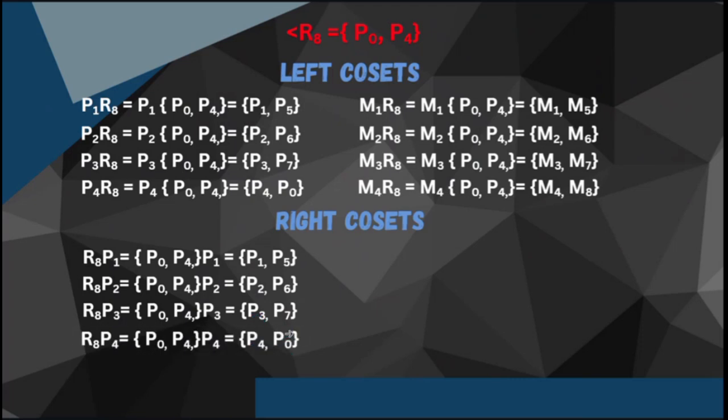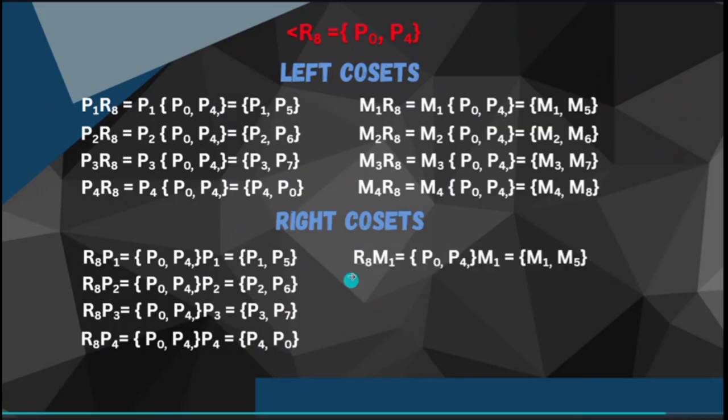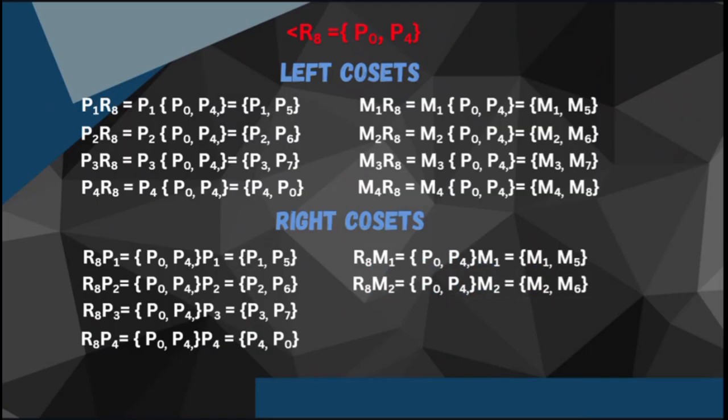For R sub 8 multiplied by rho sub 4, we have rho sub 4 and rho sub 0. For R sub 8 multiplied by mu sub 1, we have mu sub 1 and mu sub 5. For R sub 8 multiplied by mu sub 2, we have mu sub 2 and mu sub 6.